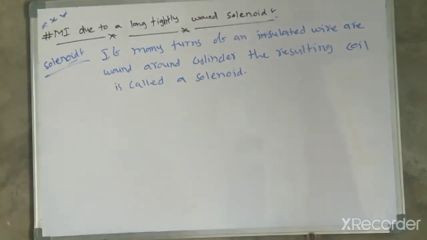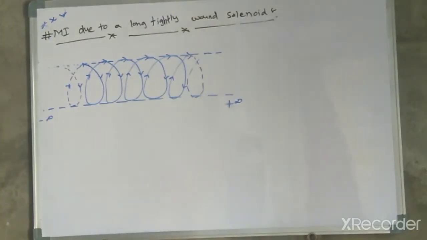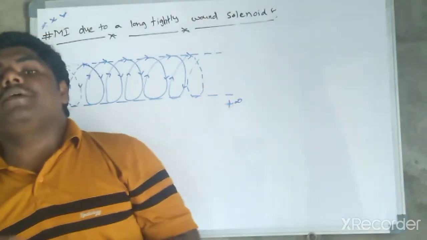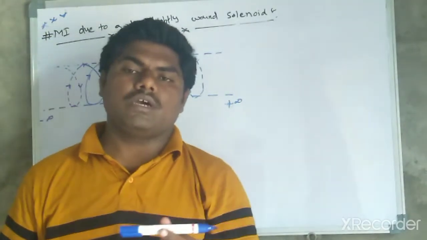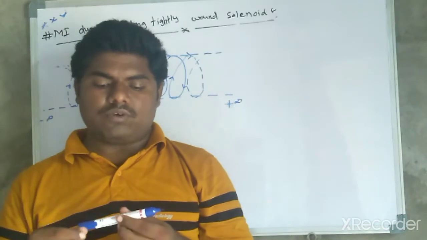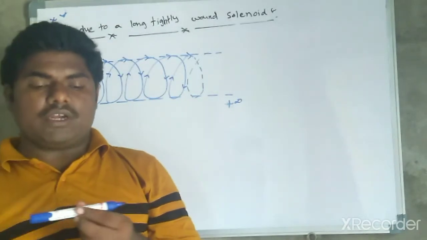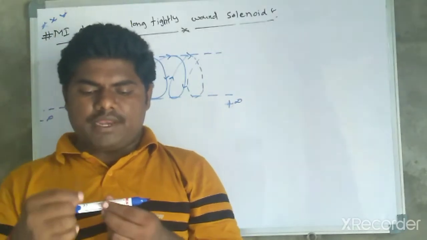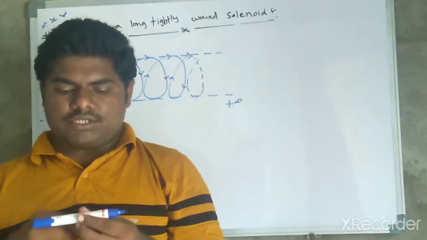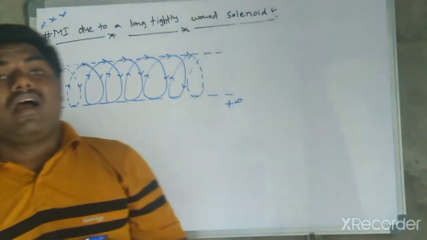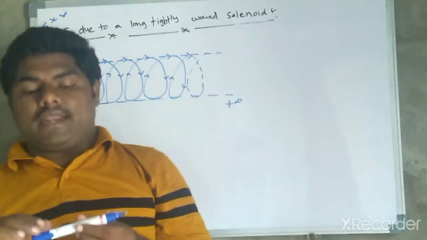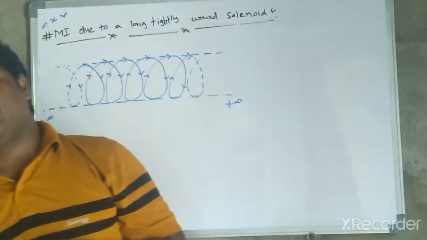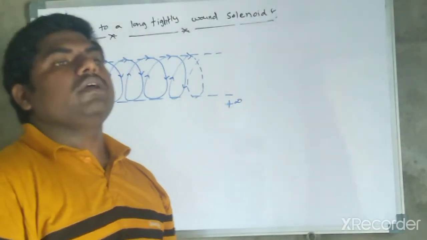Next sheet. Now we know the solenoid. What is meant by a solenoid here? If many turns of an insulated wire are wound around this cylinder, let us consider this is the insulator, the resultant coil is called a solenoid.